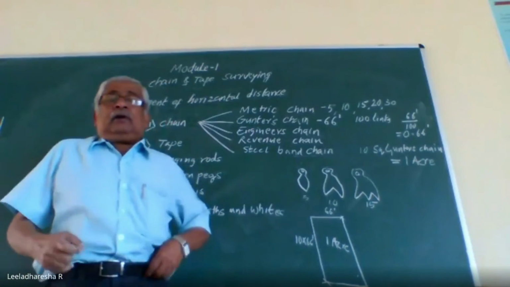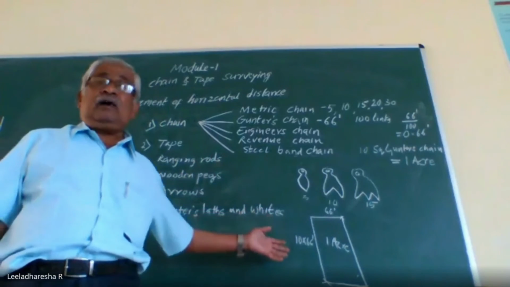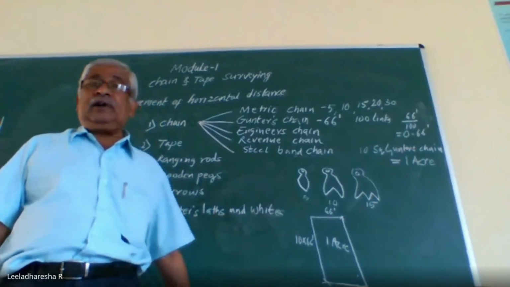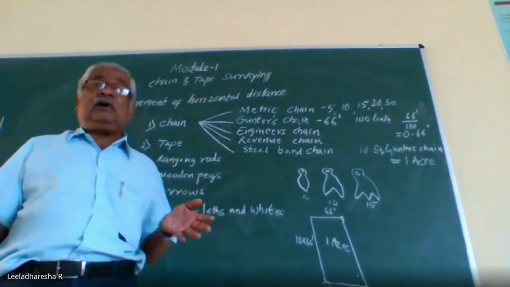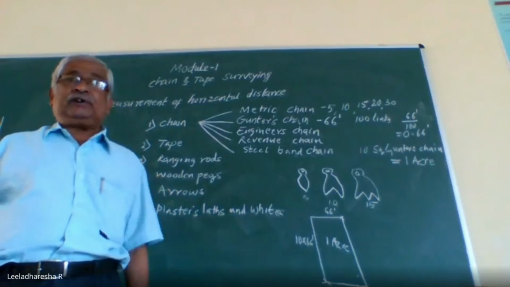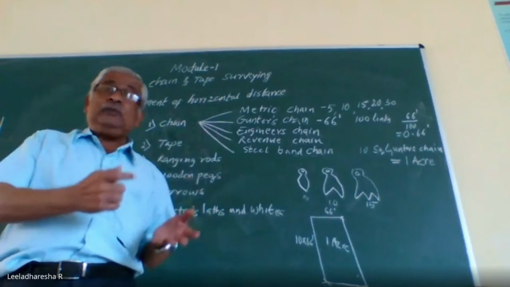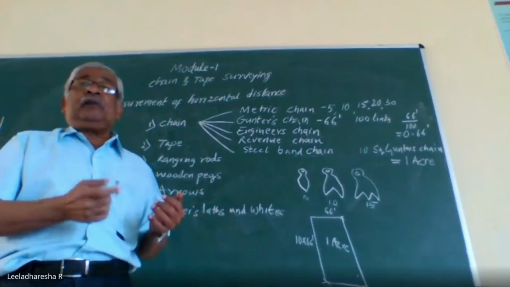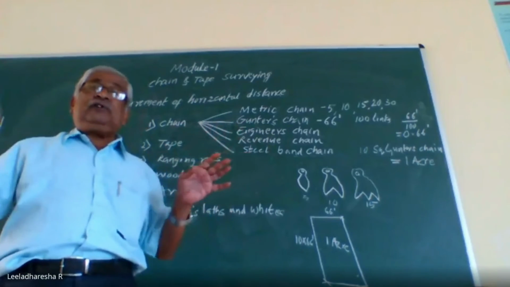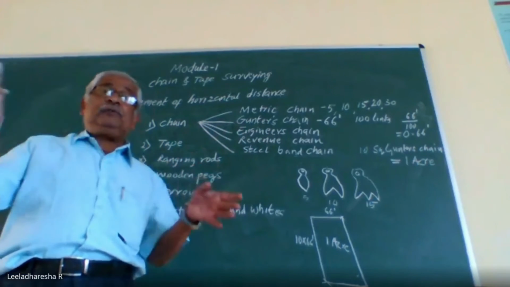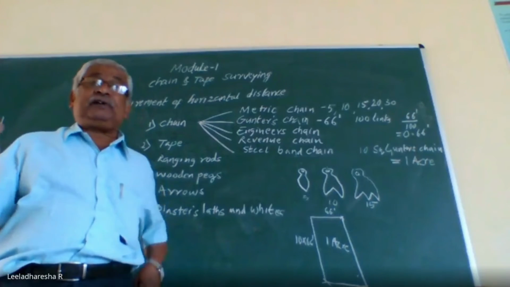So, even nowadays we are measuring the area as so many acres. We are not using hectares as a common area measuring unit, still not. In practice, when you go to the public, they will tell you a 30 feet by 40 feet site is available, or a 30 feet by 60 feet site, or 40 by 50 feet.